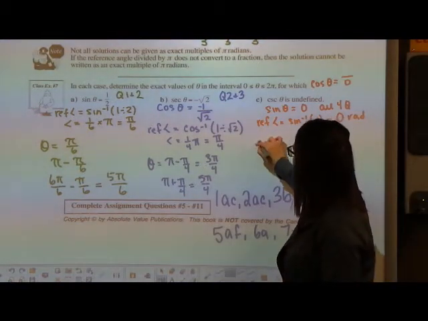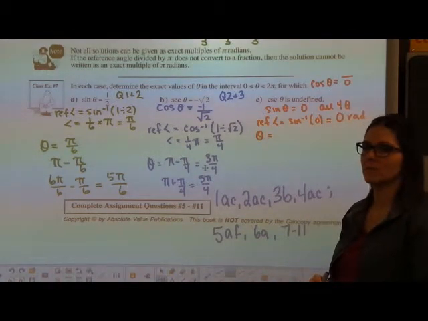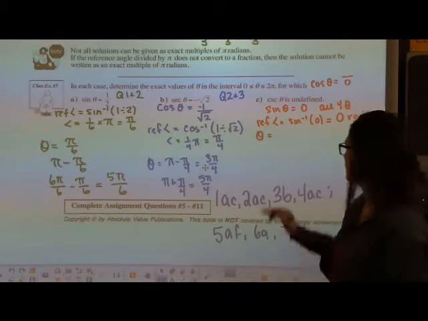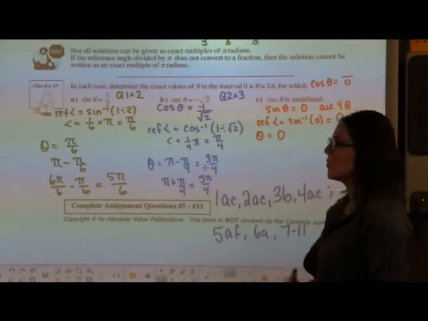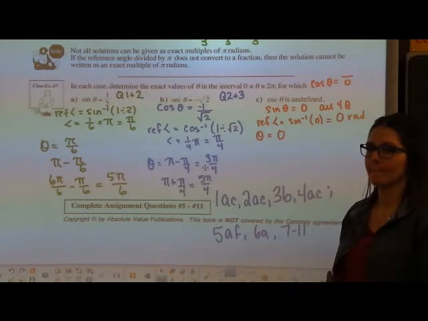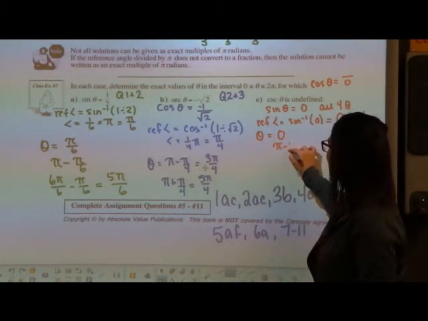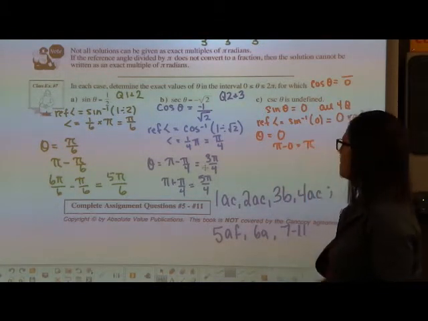So in the first quadrant, theta would be equal to 0 radians. What about the second quadrant? Pi, because it would be pi minus 0 in the second quadrant.